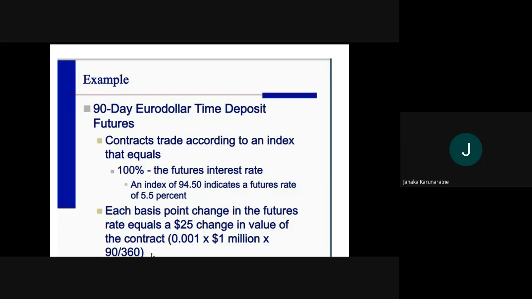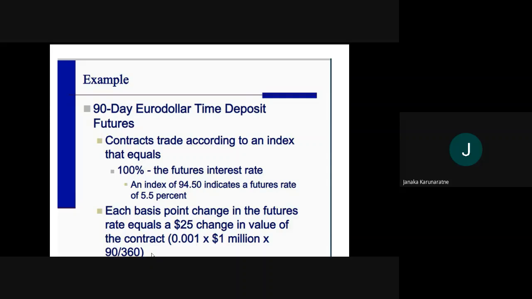It means a 0.15% change. The interest rate has gone up by 0.15%.